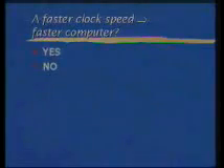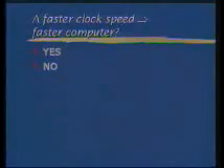But is that so? Well, that is the next question which I have put for you. Does a faster clock speed imply a faster computer? And I have given two answers. Unfortunately or fortunately, both of them are correct. The case of yes applies when we are talking about a similar kind of processor technology.